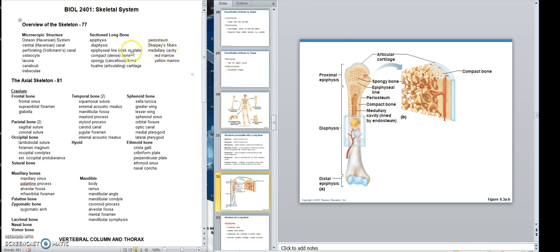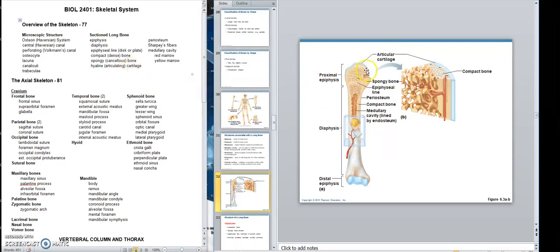The epiphyseal line is the growth plate. Compact bone is this area right here. That's where the Haversian system is. That's compact bone there. Spongy bone would be here, also called cancellous bone. That's where the trabeculae are.